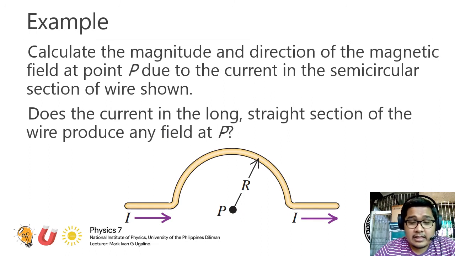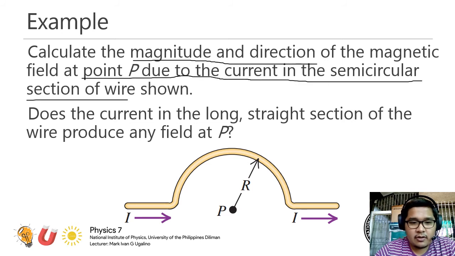Now, this is the one that I illustrated before. We want to find the magnitude and direction of the magnetic field at point P due to the current in the semicircular section of wire. We want to get all the contributions of these currents. But before we start the calculation, you can already see that some of the segments will not contribute.